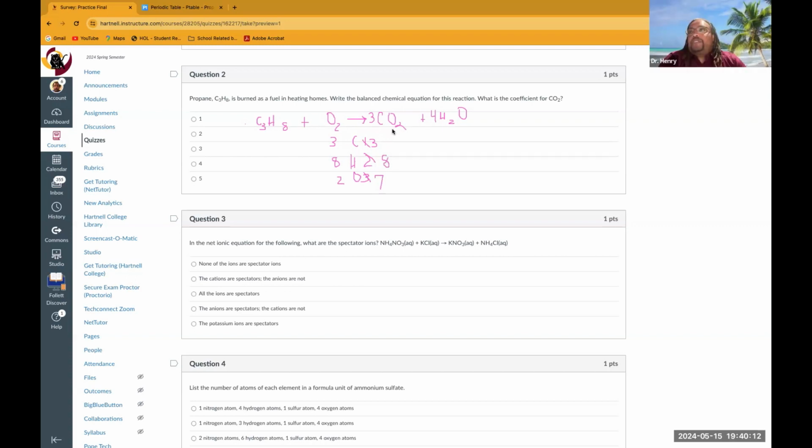So then that would give me 6 plus 4, that's 10. And for our reactant oxygen, we can just put a 5 as a coefficient in front of oxygen. Okay, so we're balanced. So then the question asks, what is the coefficient for CO2? It's 3.